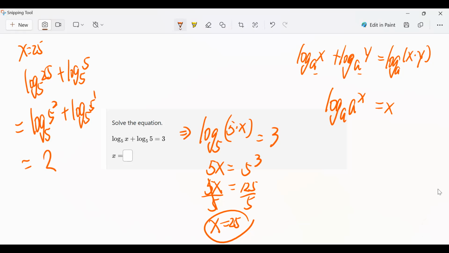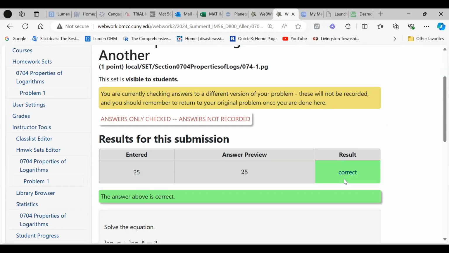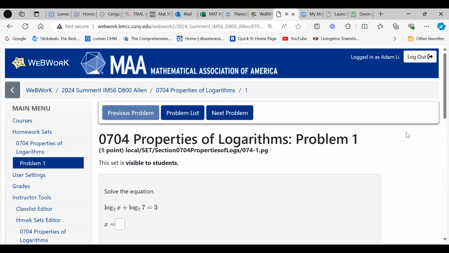So here it is 2. So 2 plus 1. That's going to be 3, which is the right hand side. That means the answer is good. The answer is 25. Check it. It's all good.